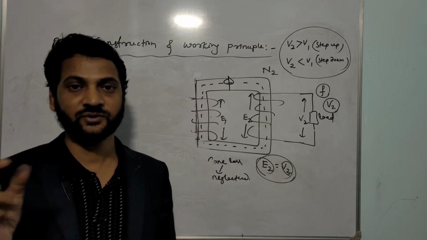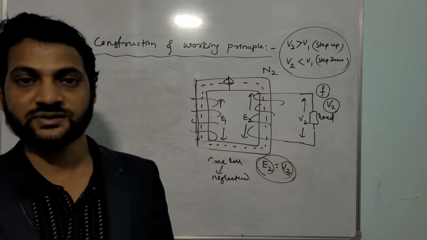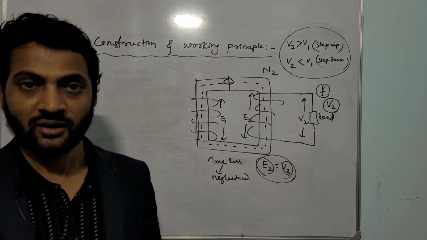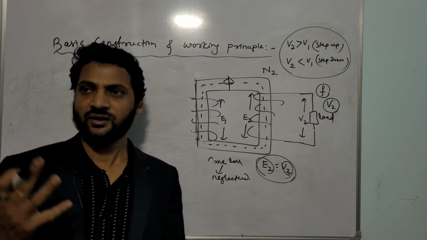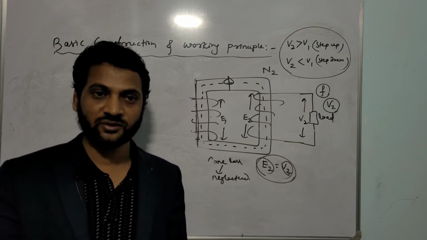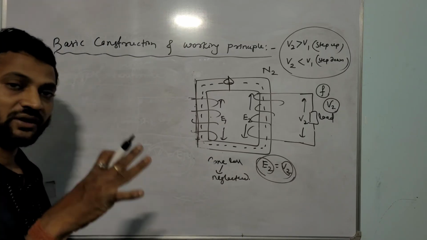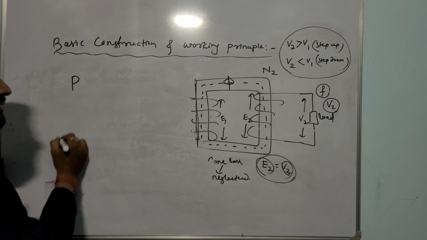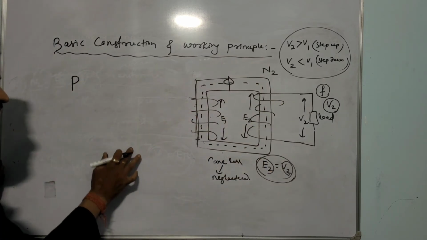V means volt, I means ampere. So the power rating of the transformer is given in terms of VA, volt ampere, or kilovolt ampere, kVA. Like you might have seen, people say 100 kVA transformer, 250 kVA transformer. That means the power rating of a transformer is rated in kVA.